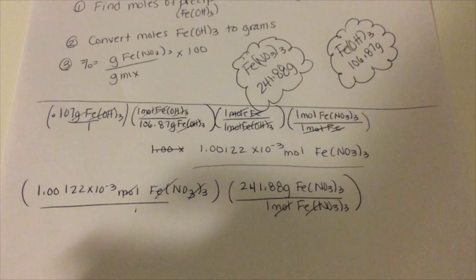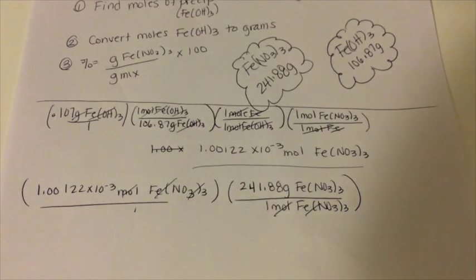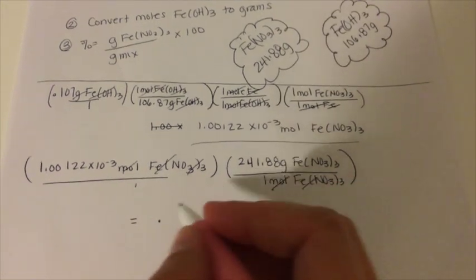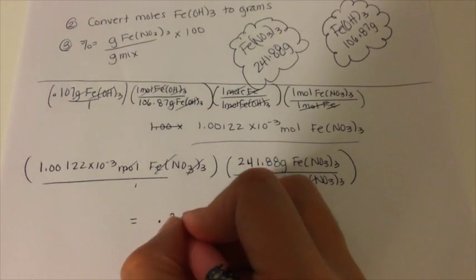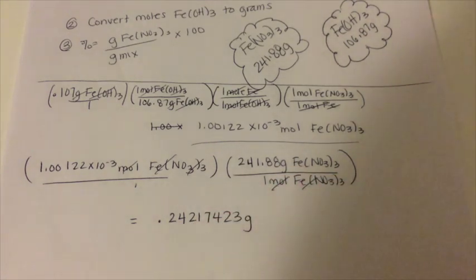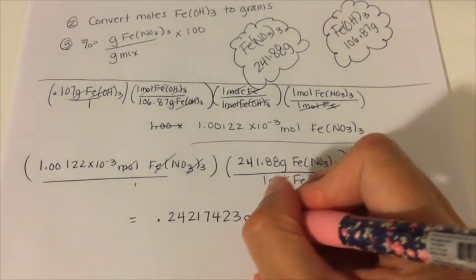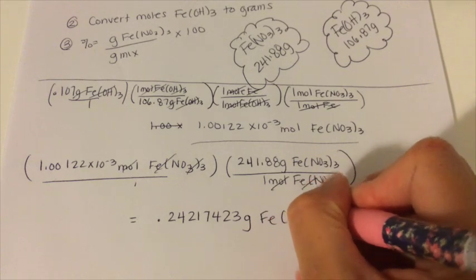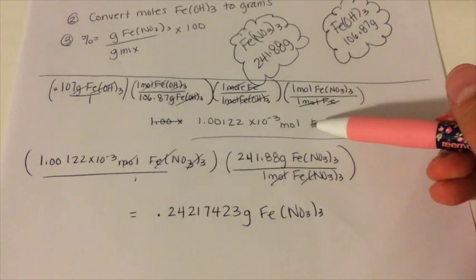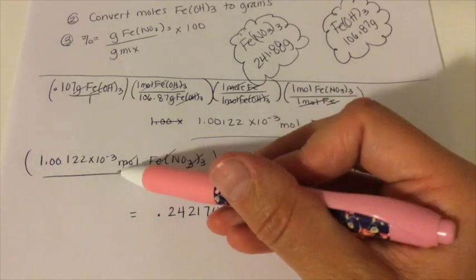And now our mole of iron 3 nitrate cancels, and what we find out is that the original sample had a mass of 0.24217423 grams. Now I'm not rounding here because I'm still multiplying and dividing. That's why I kept this number big out of the calculator and plugged it right back in.